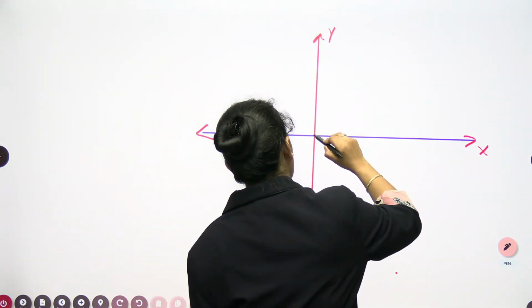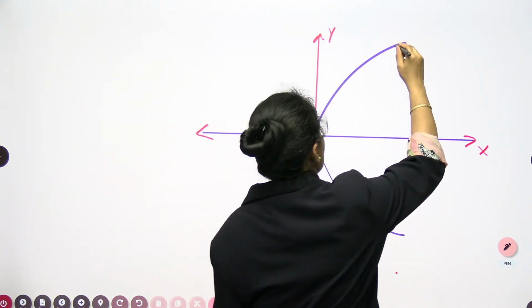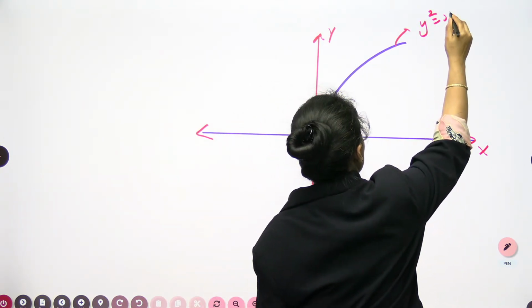So this will be my parabola, y square is equal to x. This is the equation of y square is equal to x.